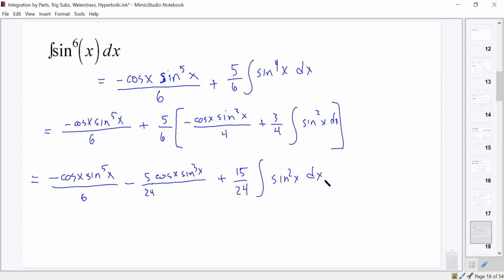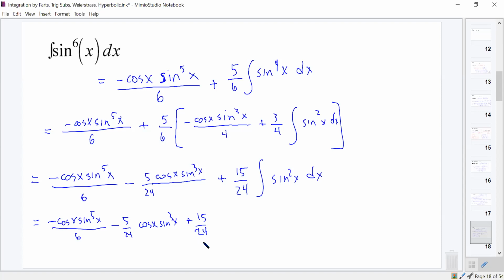Good or no? So far good or not? So then this should become negative cosine x sine to the 5th of x over 6 minus 5/24 cosine x sine cubed x. So then we're going to have plus 15/24.